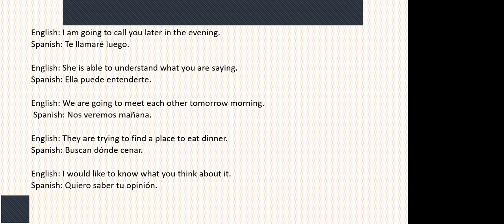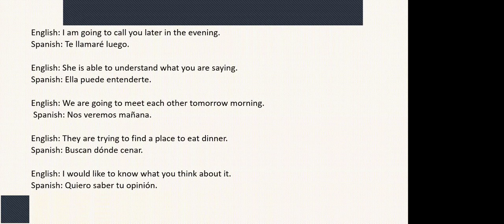There are things that are implied, that can be redundant if we use the whole expression as it is, and it is unnecessary. For example, nos veremos mañana, we have to meet each other. We are going to meet each other. It's not necessary, it's redundant.